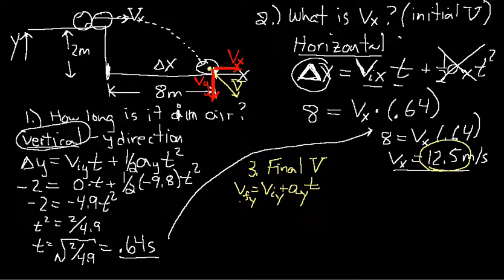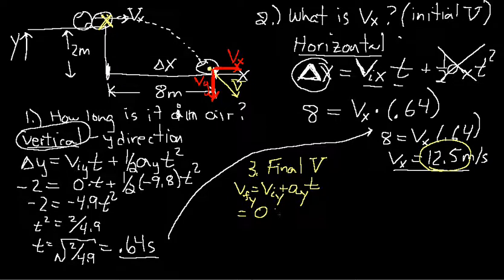Final velocity in the y direction is the initial velocity in the y direction, which is what? The initial velocity in the y direction is, well, here's the initial position right here. Right there, that's my initial spot. So what's my initial velocity right there in the y direction vertically? 0. Has no initial vertical velocity. It's all in the x direction. So the initial velocity in the y direction is 0.